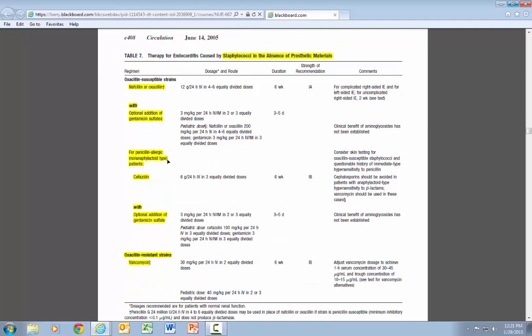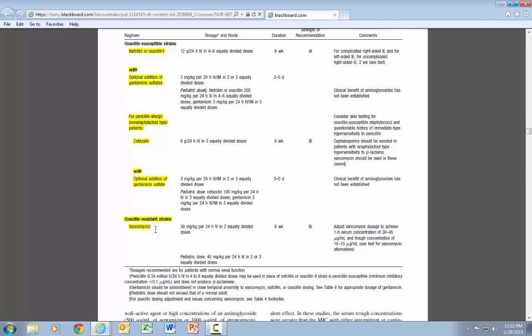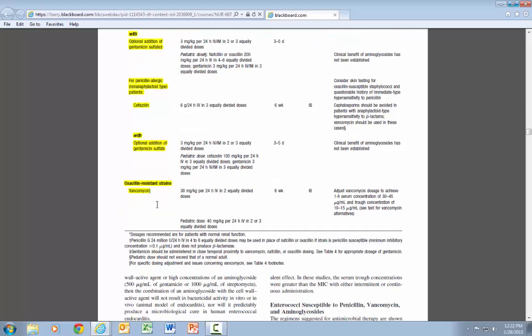For patients that have penicillin allergy but this allergic reaction is non-type 1, non-anaphylactic, you could still use cephalosporins for 6 weeks with genta, or vancomycin. So again, nafcillin or oxacillin with genta; if you're allergic to penicillin but with a non-anaphylactic reaction, not a type 1 hypersensitivity reaction, cefazolin with gentamicin or vancomycin.